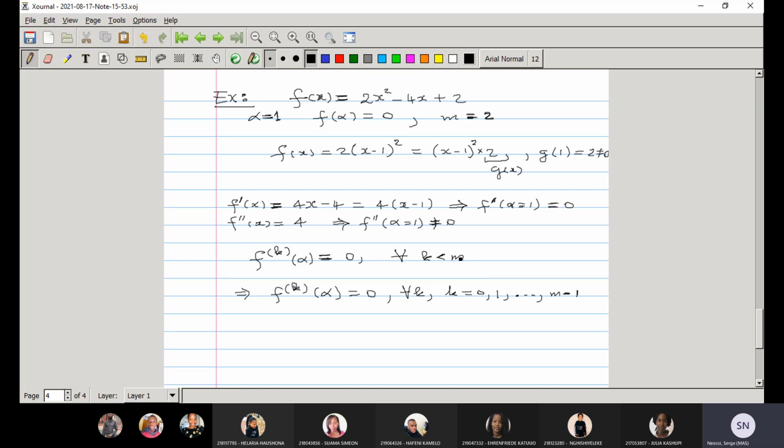Because once I reach m, it's no longer 0. So this is a consequence, and you need to remember this. Very important. If the multiplicity of a root is m, then all the derivatives up to m minus 1 at the root will give you 0. That's what I want you to remember from this.